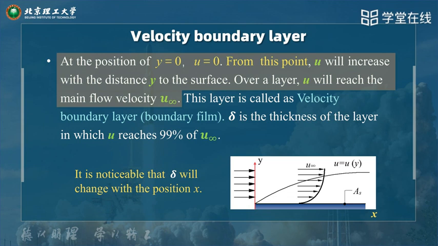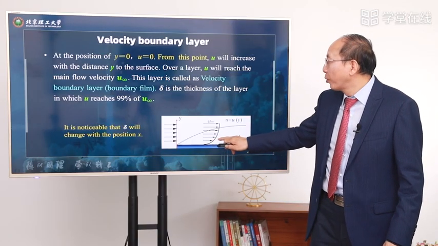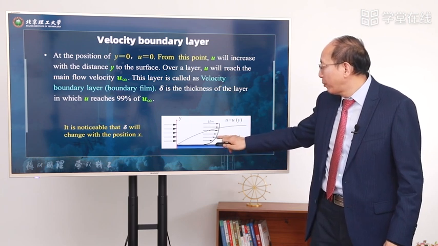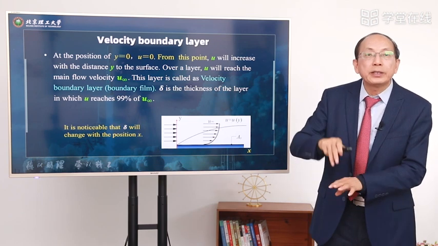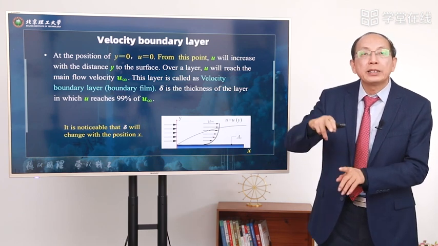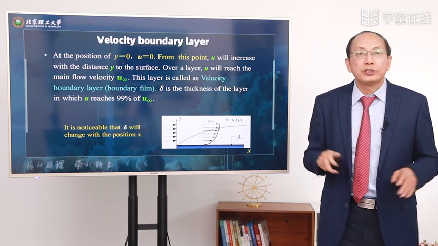From this point, it will increase with the distance y from the surface. Over a layer, it will reach the main flow velocity u infinite. When y is big enough, u becomes u infinite.